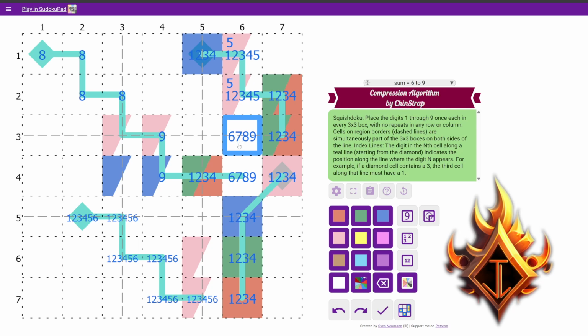Actually, or would it be this one? Maybe this cell does belong in that corner.